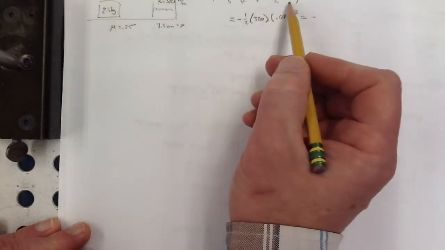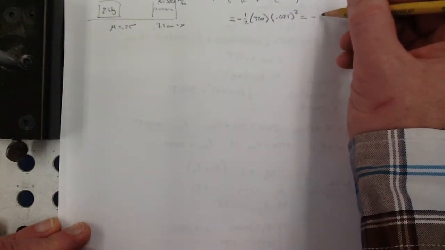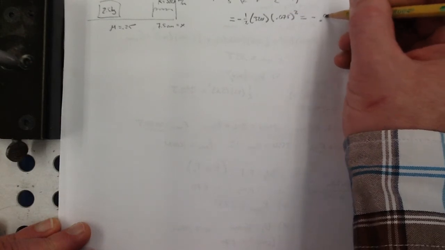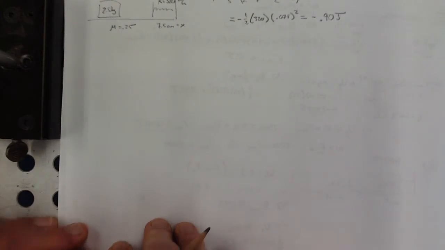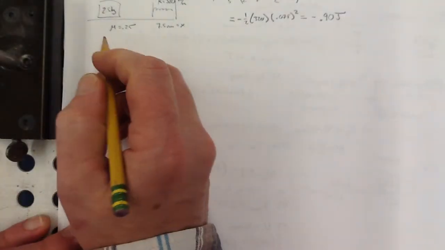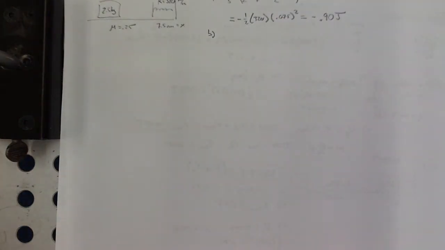And you can see that here because of how that would work. So I got negative 0.90 joules. In part B, what is the increase in thermal energy of the block floor system?